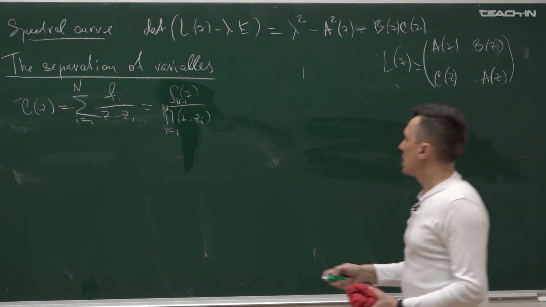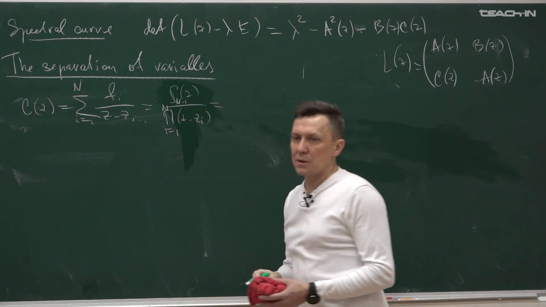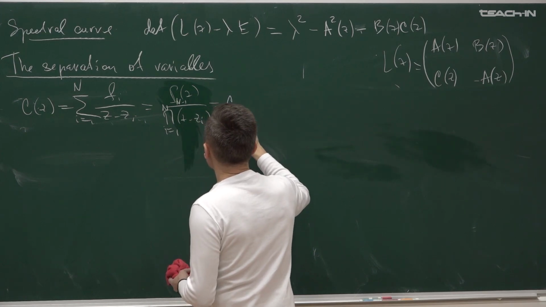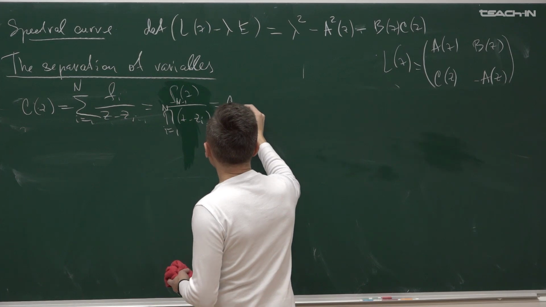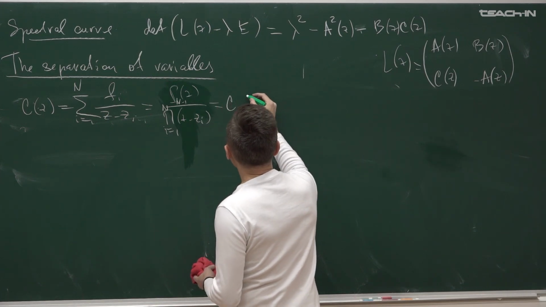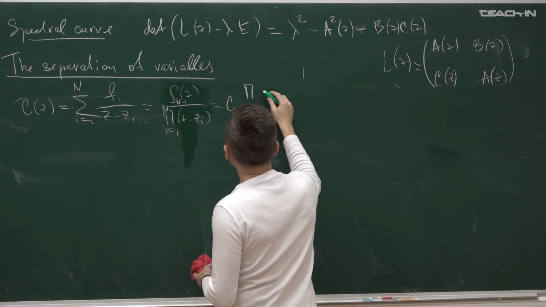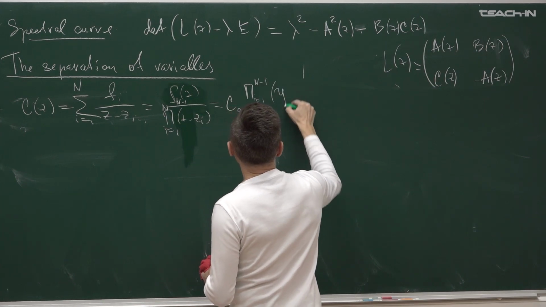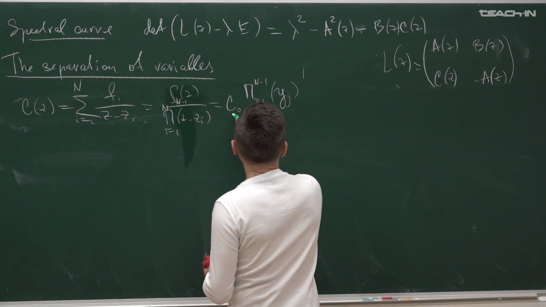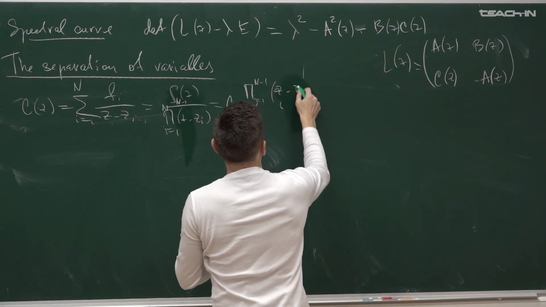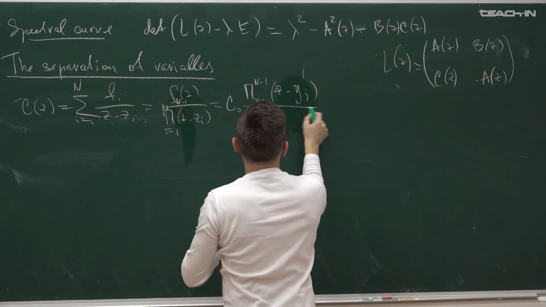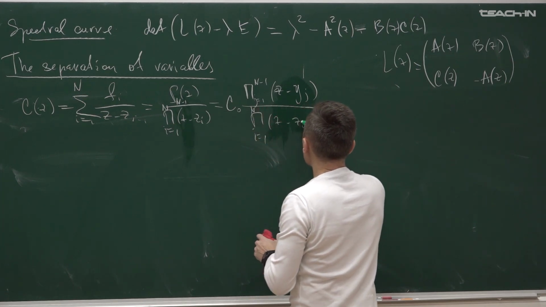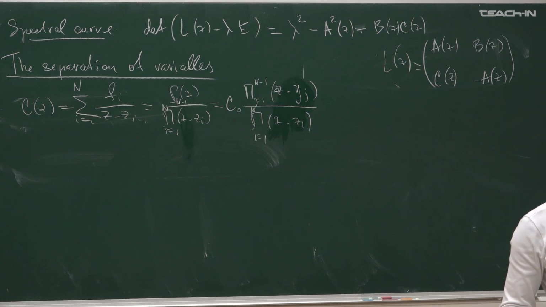Okay, and I would like to consider the zeros of this polynomial. So it is c_0 times the product over j from 1 to n minus 1 of (z minus y_j), and here we have the product over i to n of (z minus z_i). Okay?